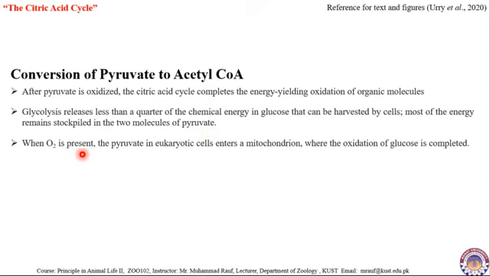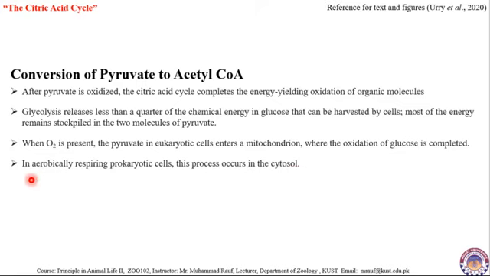When O2 is present, the pyruvate in eukaryotic cells enters a mitochondrion, where the oxidation of glucose is completed. In aerobically respiring prokaryotic cells, this process occurs in the cytosol.